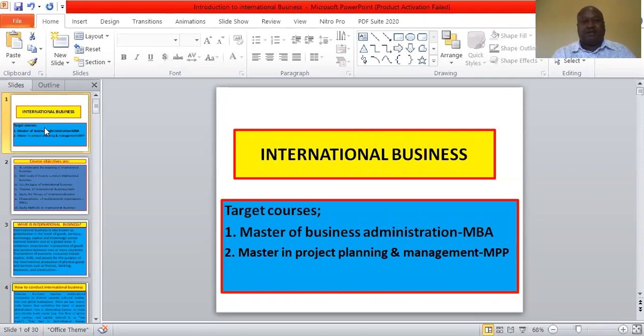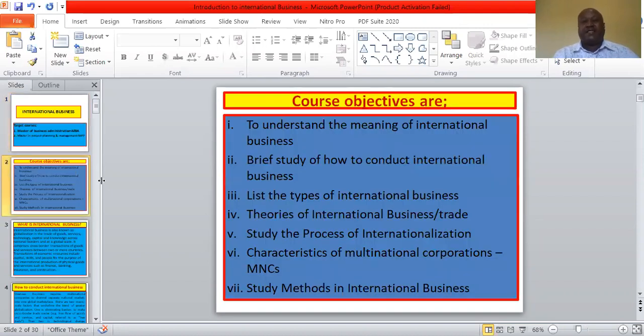This is International Business, a course that is targeting Master of Business Administration and Master in Project Planning and Management. This course has objectives as listed in the slides.